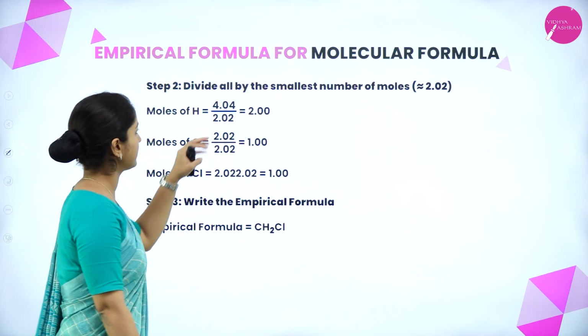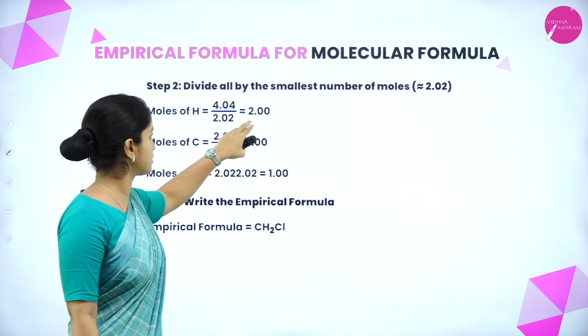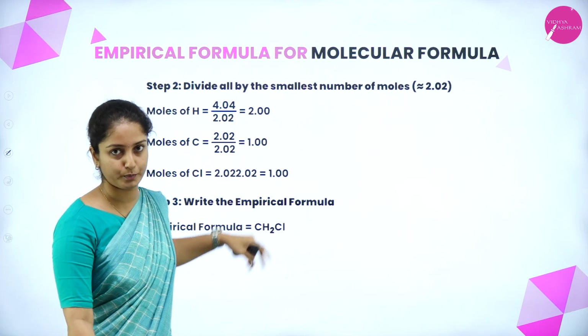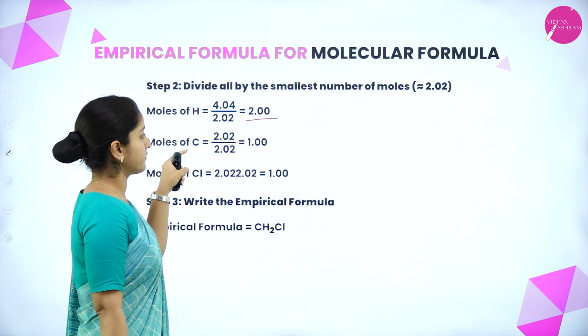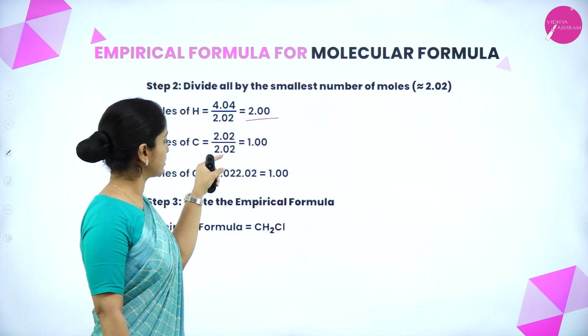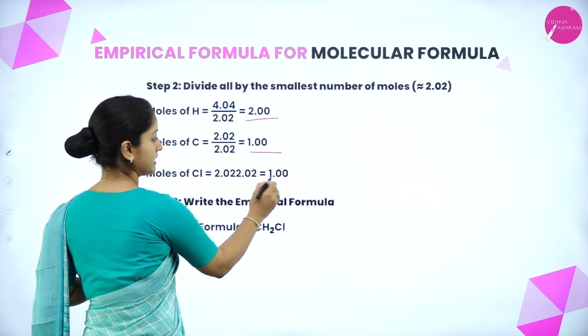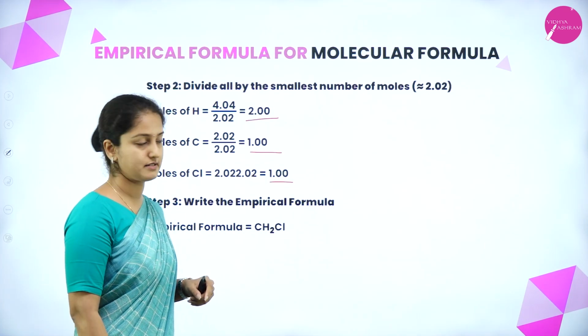If moles of hydrogen, 4.04, is divided by 2.02, you get 2.00. Then moles of carbon, 2.02 divided by 2.02, gives 1.00, and similarly for chlorine, 1.00.